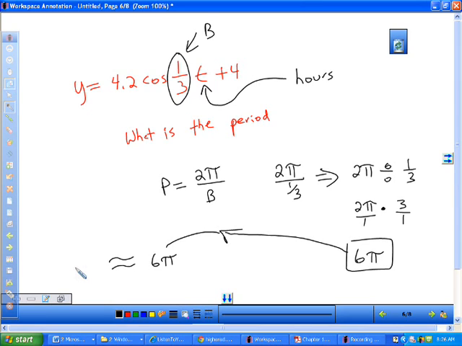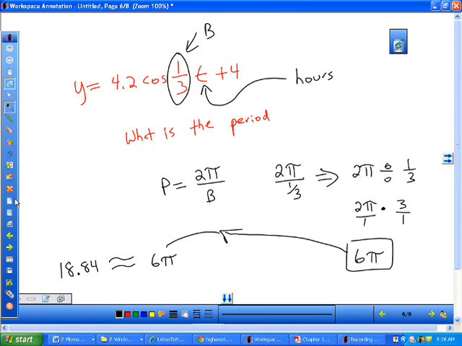Anybody? 18.84. So whatever they're talking about, one cycle to repeat itself takes 18.8 hours, close to 19 hours. Okay?